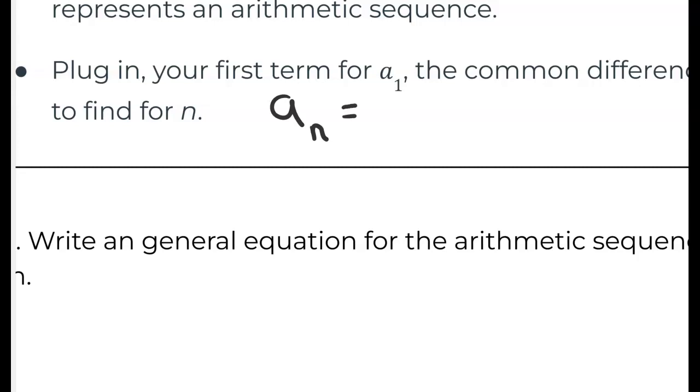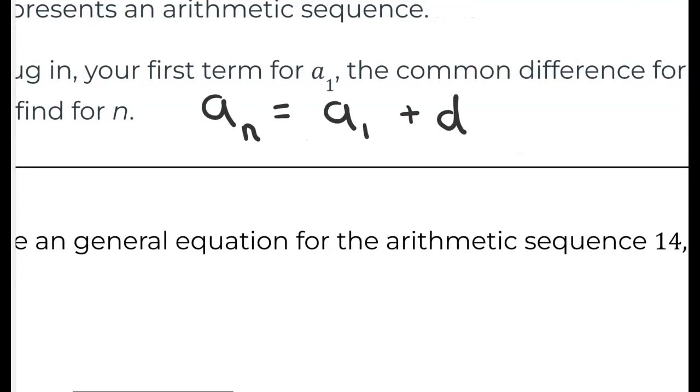That's equal to our first term, so A1, plus we take our common difference, D, and then we multiply it by n minus 1. So whatever your n number is, you take away 1, and then you multiply it by D.